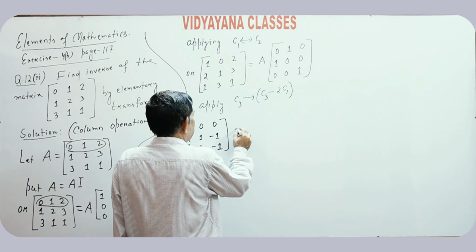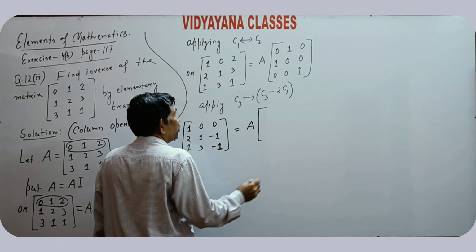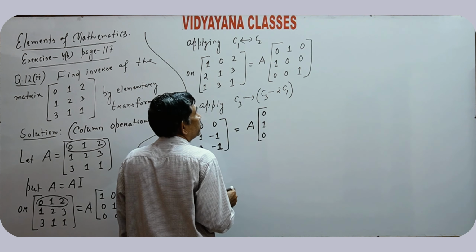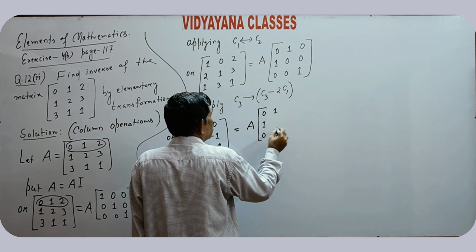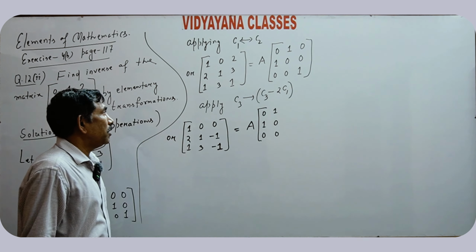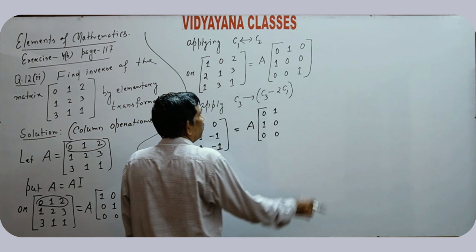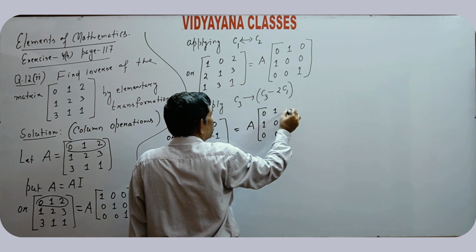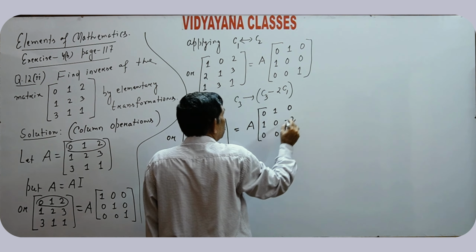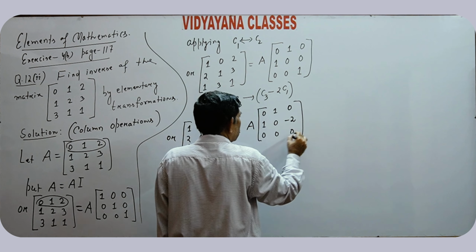In the right hand side, capital I, no change of column 1: 0 1 0, no change of column 2: 1 0 0, column 3 is replaced by column 3 minus 2 times of column 1: 0 minus 2 times 0, that is 0, 0 minus 2 times 1, that is minus 2, 1 minus 2 times 0, that is equal to 1.